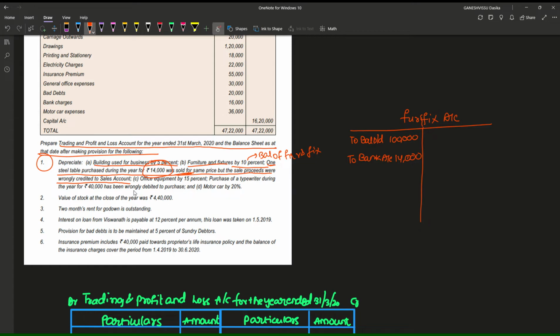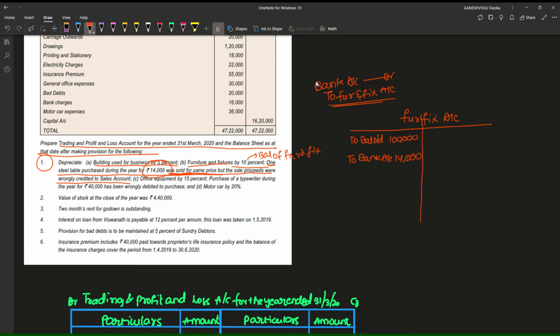What they said is that this was sold for the same price, that means no profit, no loss. At the time of sale, we have to write the journal entry: bank account debit to furniture and fixtures account, as the asset is sold and that would be credited, and we are receiving the amount in the bank, that means by cheque or any other form.